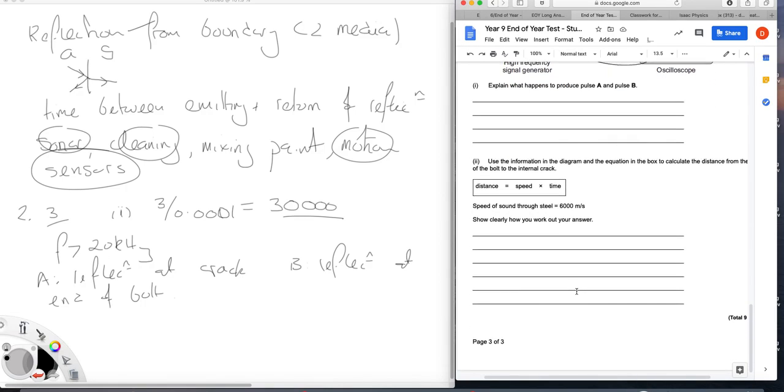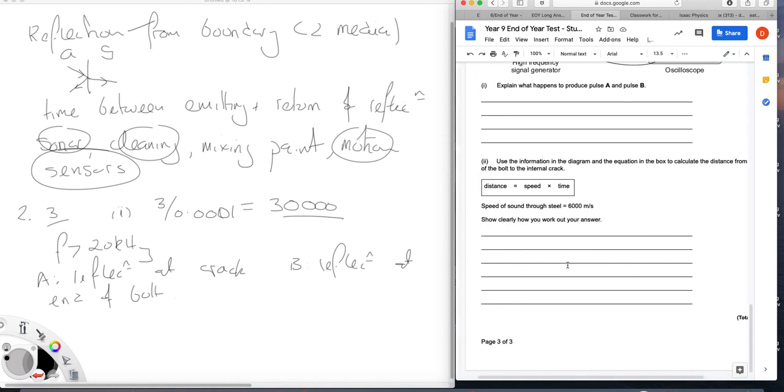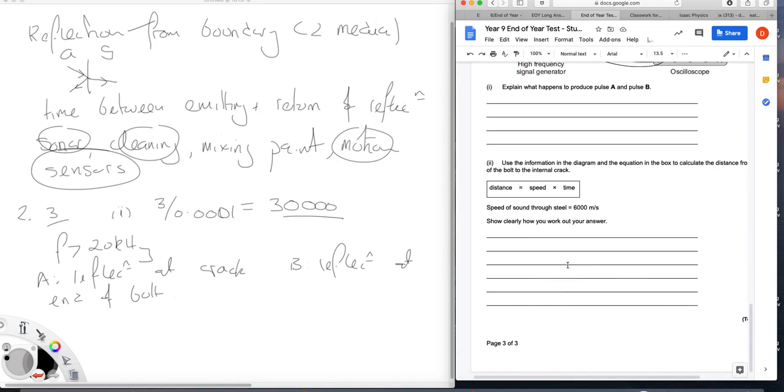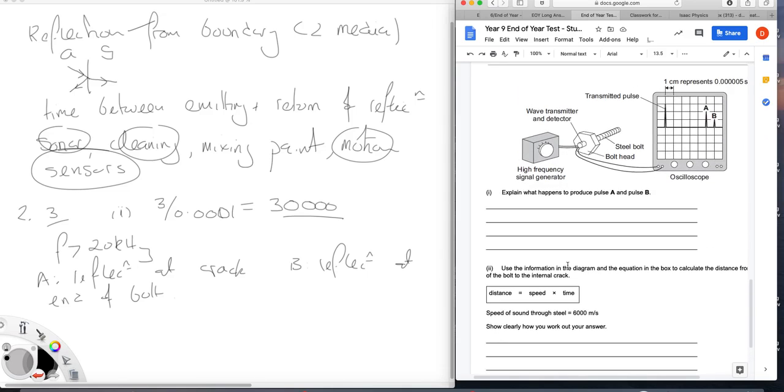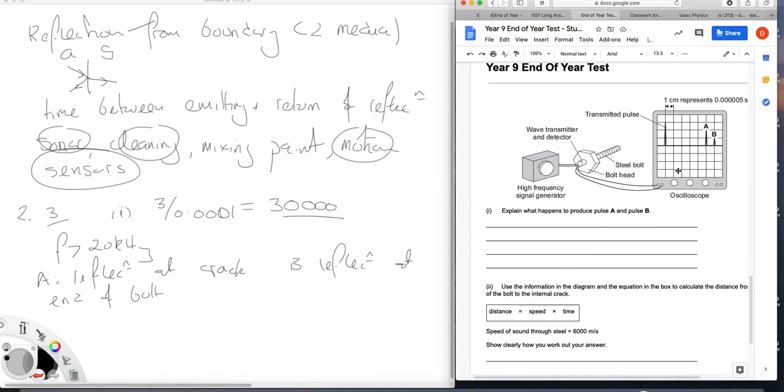Part 2. Use the information in the diagram and the equation in the box to calculate the distance from the head of the bolt to the internal crack. Right. Well, we have 1, 2, 3, 4, 5 squares, and each of those squares represents that much time.